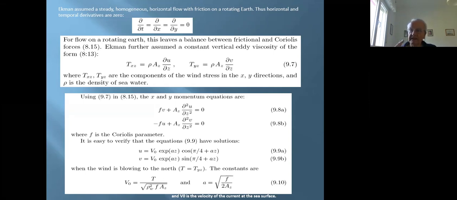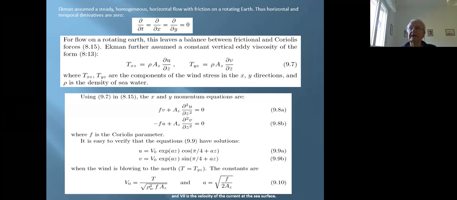The third thing is that the only force is the pressure gradient force. So in the case of the geostrophic flow, we have the motion which is generated by the pressure difference and Coriolis. And this is a steady state solution.